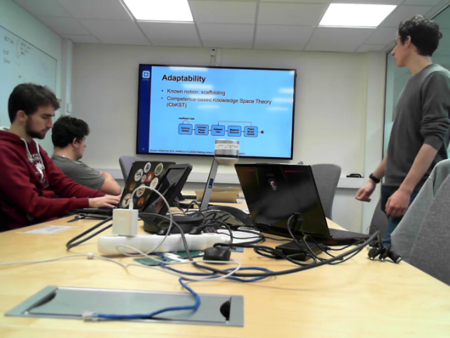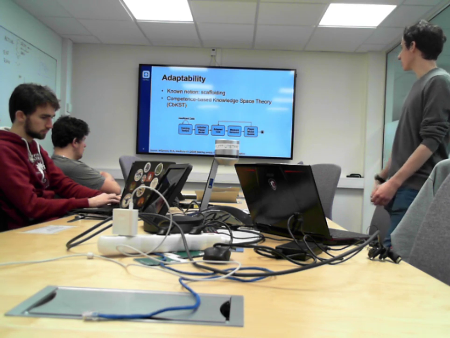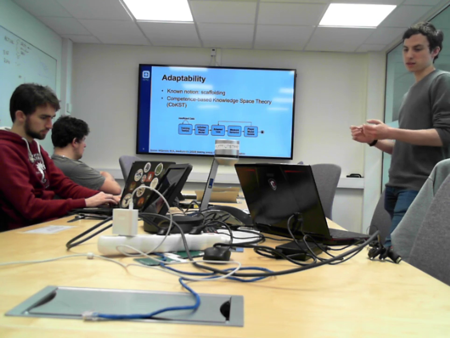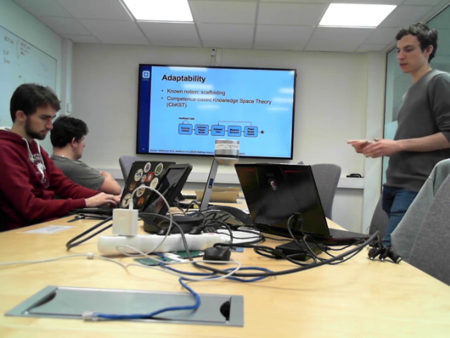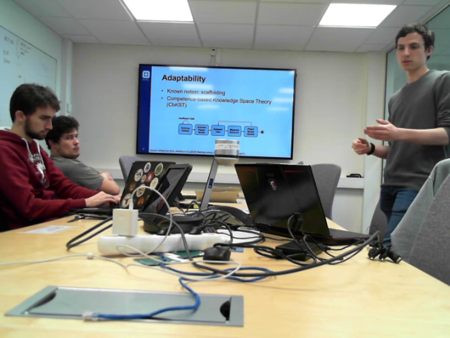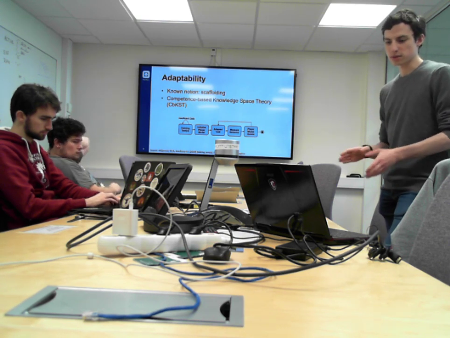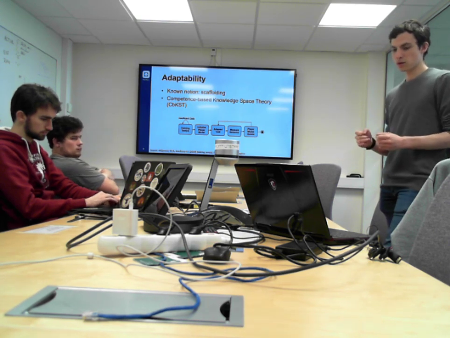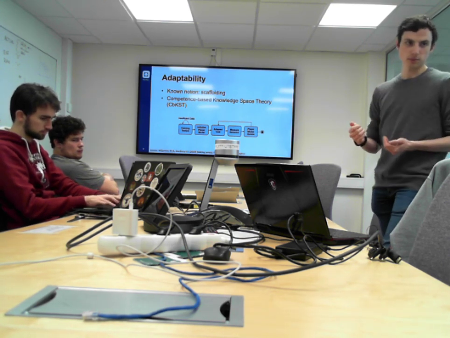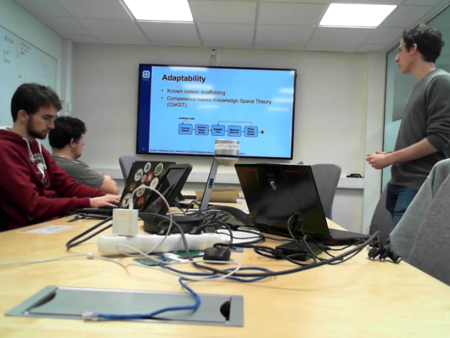But in the paper referenced there, they talk about competence-based knowledge-based theory, which is very simple. Instead of increasing difficulty, they just have a list of competences or tasks that the user knows how to do or can't do. And it will adapt the difficulty of the game depending on what the game knows the user can and can't do. Here's one example of how to adapt the difficulty.